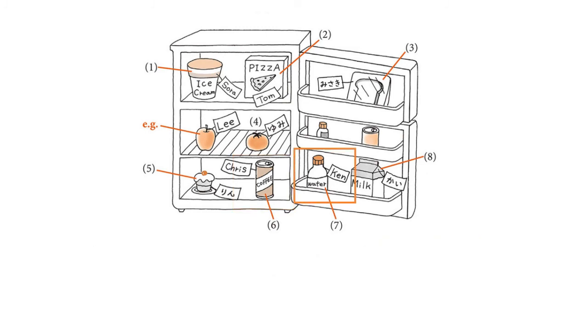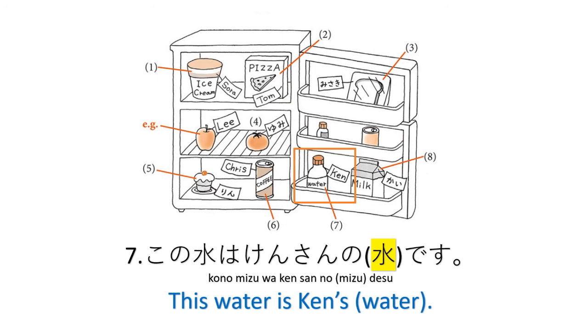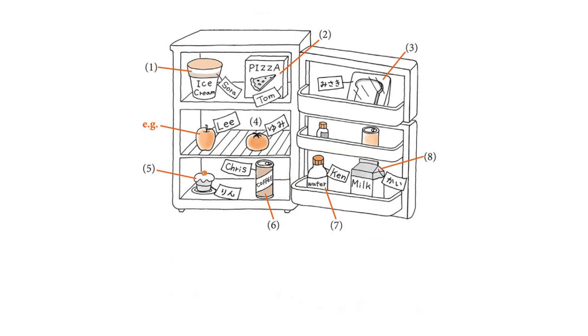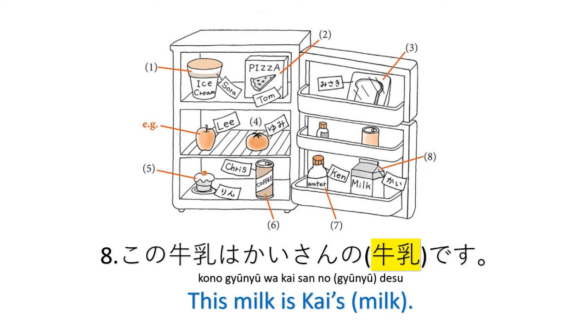Then 7. Ken's water. この水はケンさんのです。This water is Ken's. And finally, we have the milk. Kai's milk. この牛乳はカイさんのです。So milk is 牛乳。This milk is Kai's. Okay?